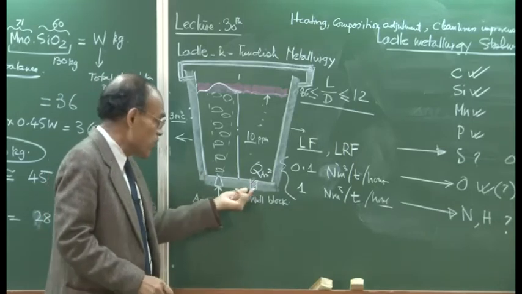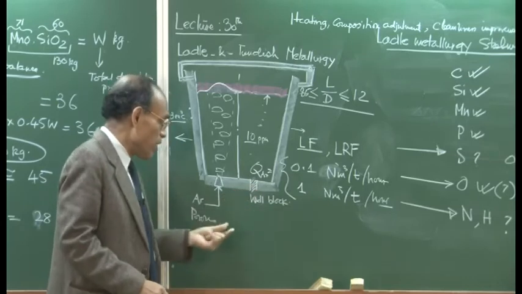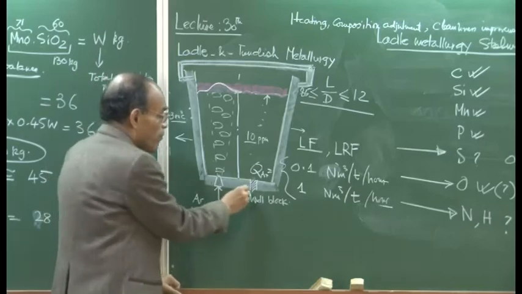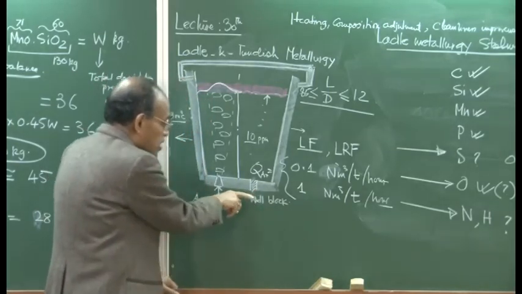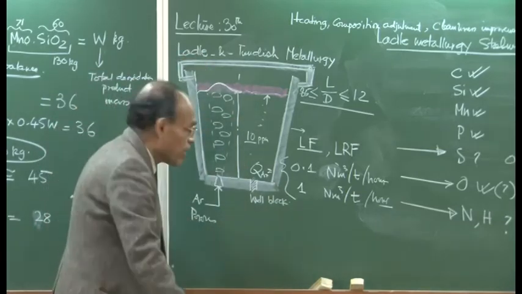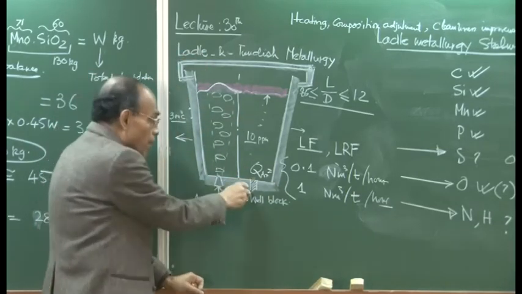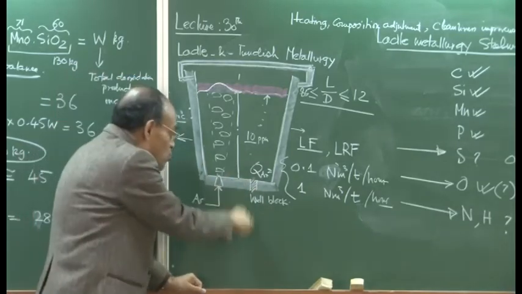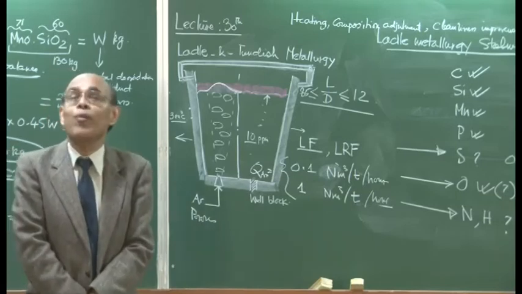So, the characteristics of the well block powder which closes the hole is very important, such that when the slide gate is moved, automatically the powder falls down and molten metal rushes out through it. But if the powder gets sintered with the wall, in that case the powder does not open. So, this is called the phenomenon of free opening.